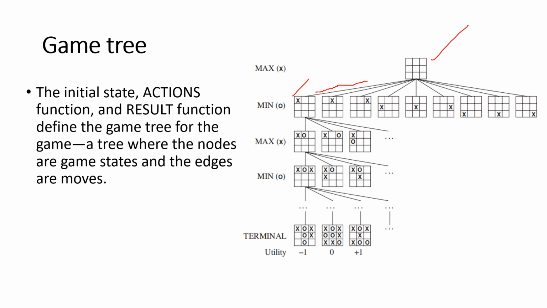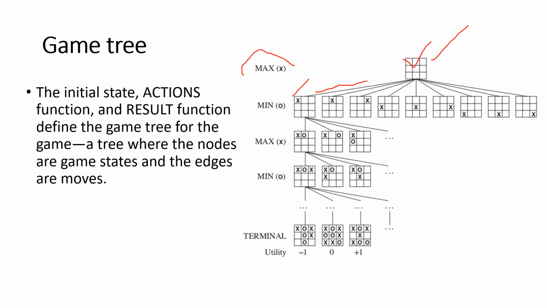We have a root node at the top. This is the root node, the initial state, and in the case of tic-tac-toe, the initial state means an empty board.